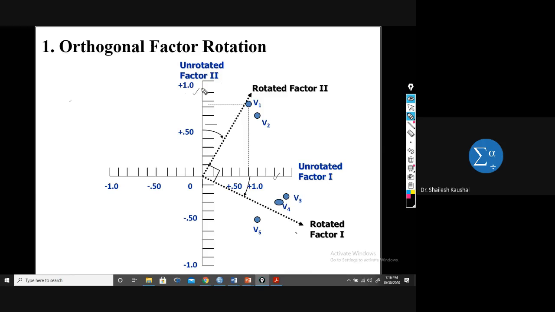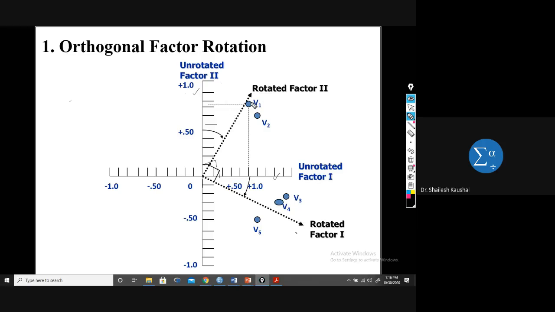The x and y are perpendicular, meaning the angle between the two axes is 90 degrees.